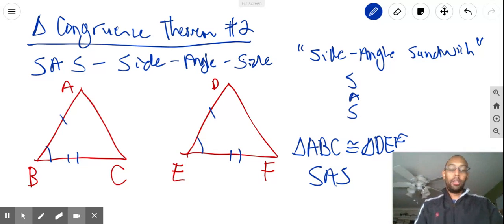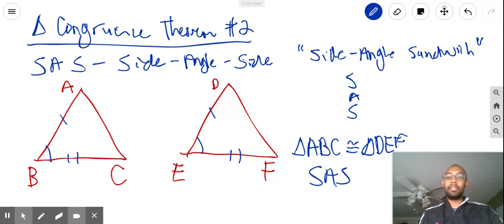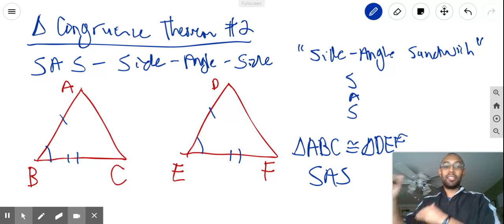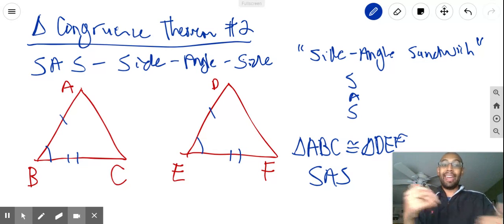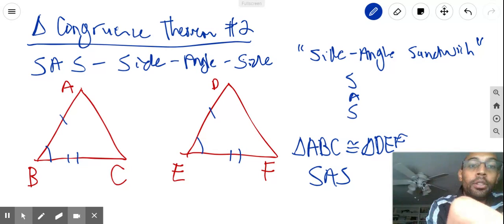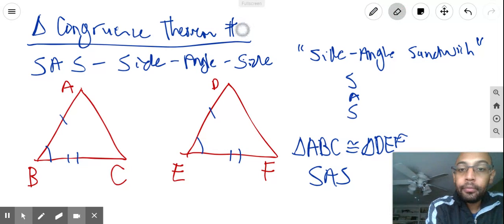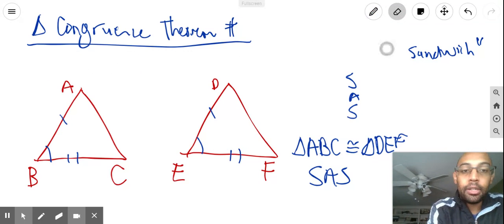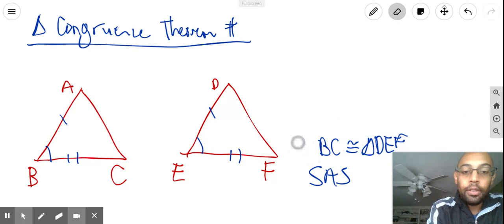The third one is now kind of switching things up. So we focused on the side aspect. The next two are focusing on the angle aspect. So the third theorem, okay, and I'm going to completely erase this because it's going to change all of this.